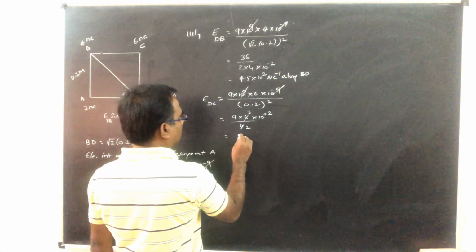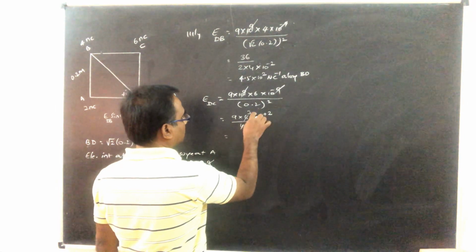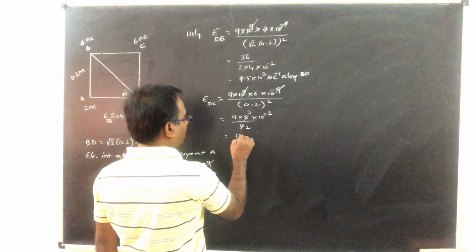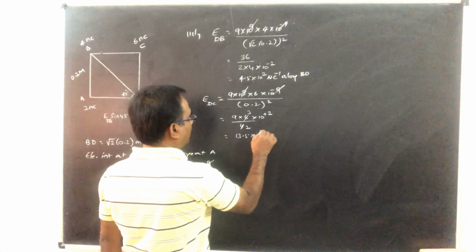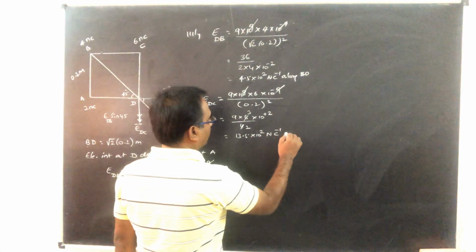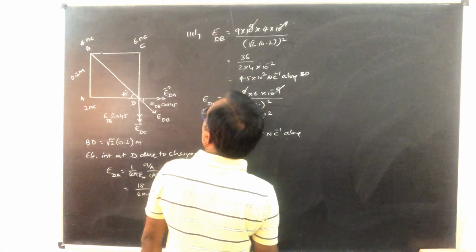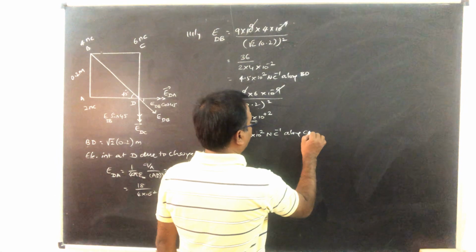So it is 13.5 into 10 to the power of 2 Newton per Coulomb along CD.